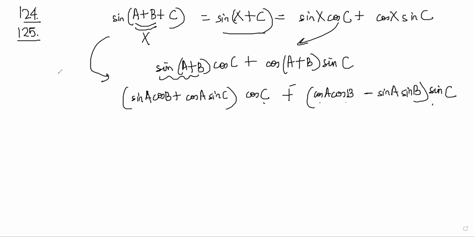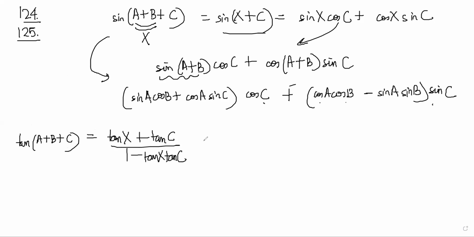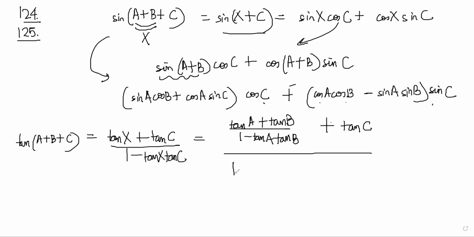Yes, sir. Same thing he does for tan also. tan(A + B + C). He calls it (tan x + tan C)/(1 − tan x tan C), right? Where x is equal to A + B, right? So that becomes ((tan A + tan B)/(1 − tan A tan B) + tan C) divided by (1 − ((tan A + tan B)/(1 − tan A tan B)) multiplied by tan C), right?